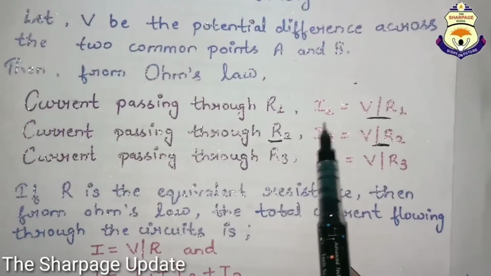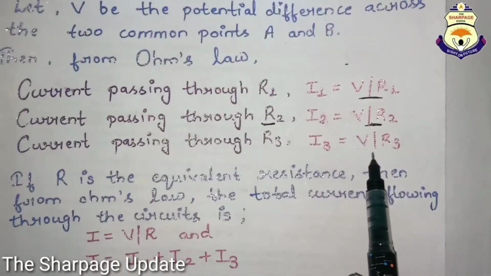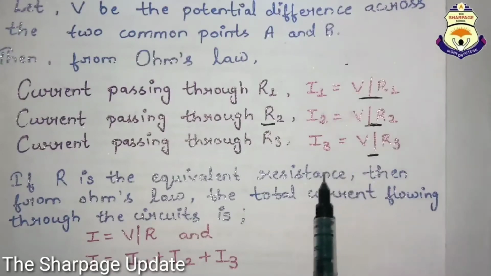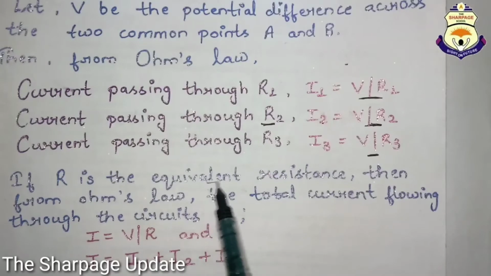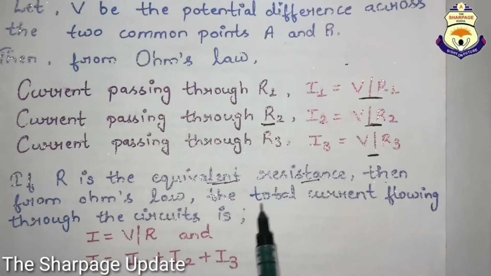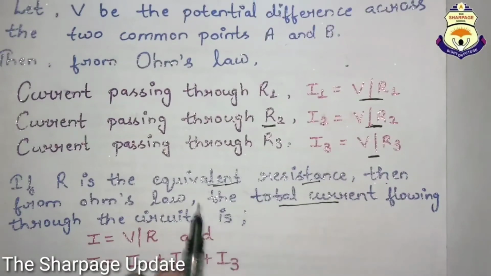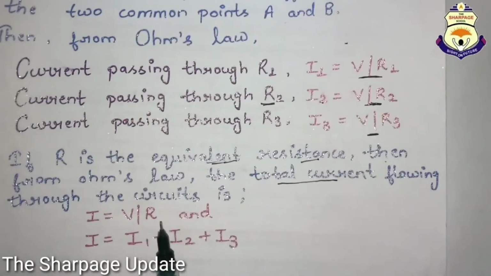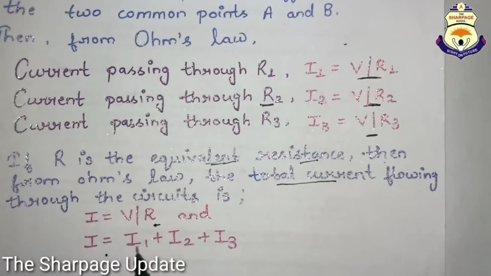Through R2 it will be I2 equals V upon R2 and I3 equals V upon R3. If R is the equivalent resistance, then from Ohm's law the total current flowing through the circuit will be I equals V upon R, and I equals I1 plus I2 plus I3.